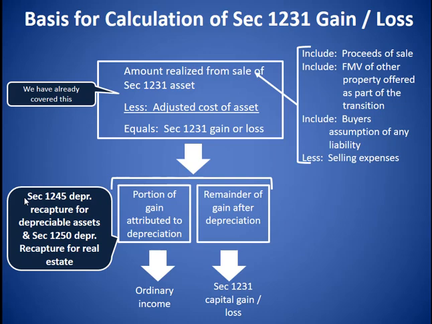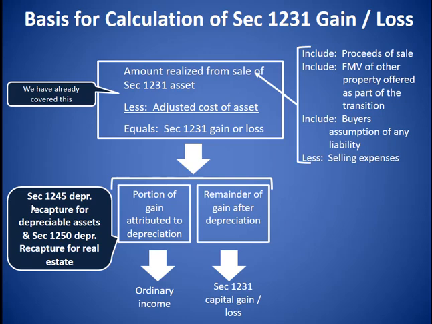Now what we're going to see here also is that there's another section of the IRS code, which is Section 1250, and that's for the recapture of depreciation related to real estate. For right now, our Section 1231 assets for our business property are included under Section 1245.